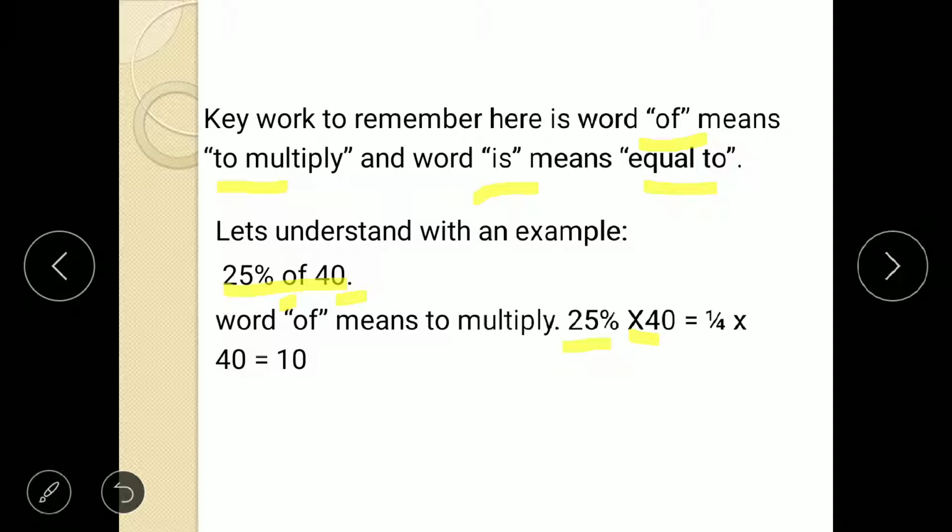You can see the advantage of learning fraction to percent and percent to fraction. So we have converted from percent to fraction: 25% is 1 upon 4 multiplied by 40. If we multiply 1 upon 4 with 40, it becomes 10. So this becomes quite handy by using these simple tricks.